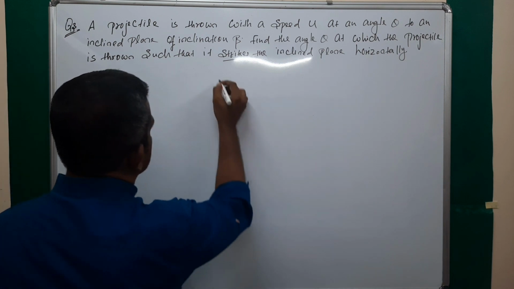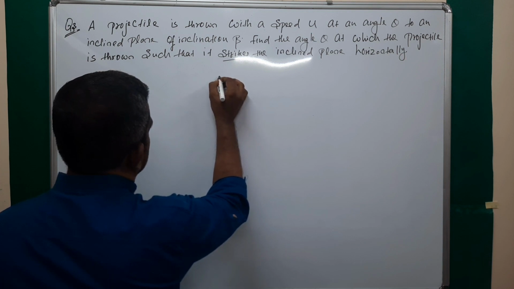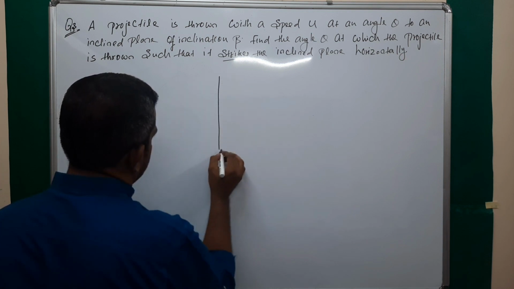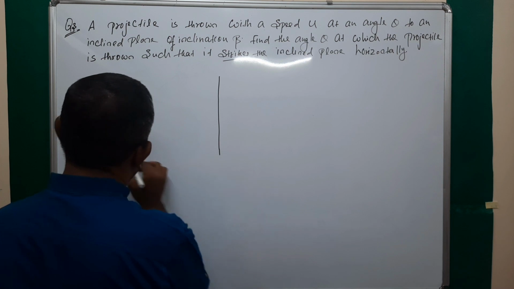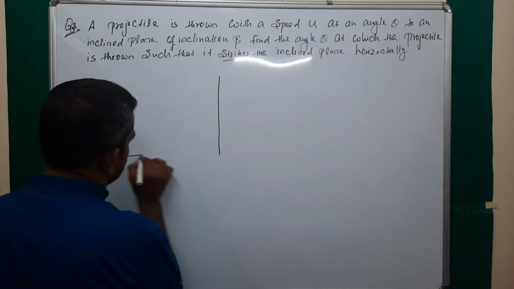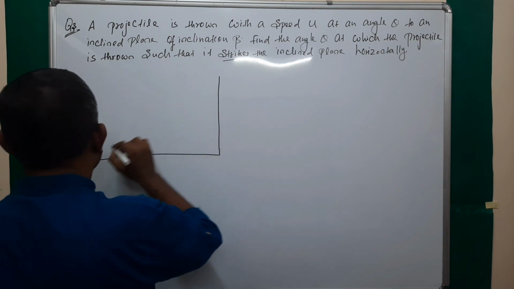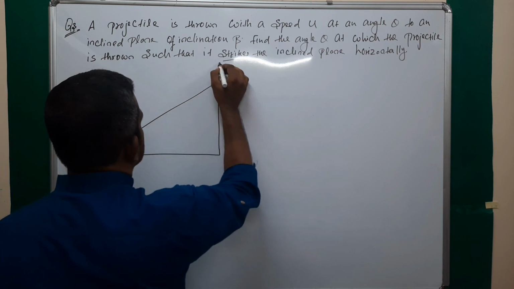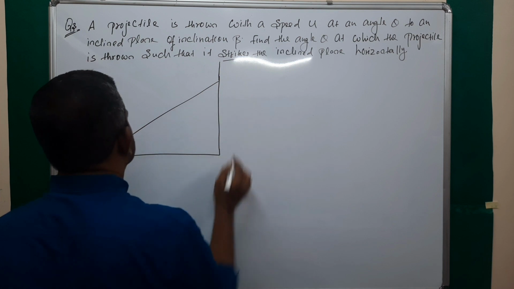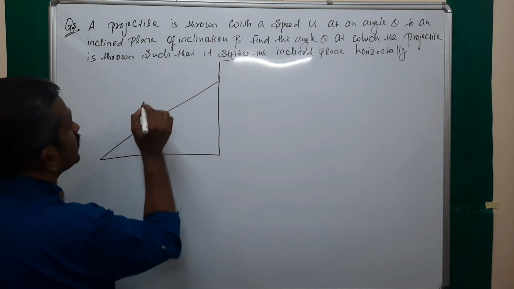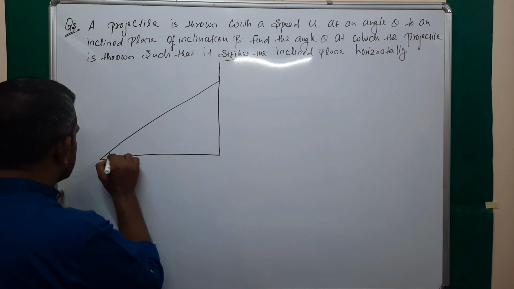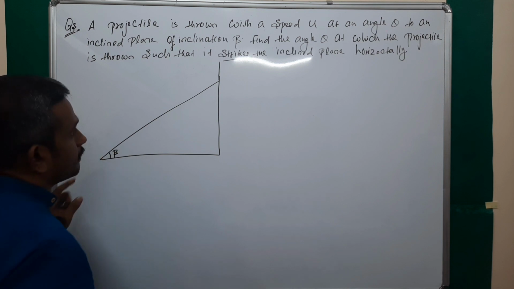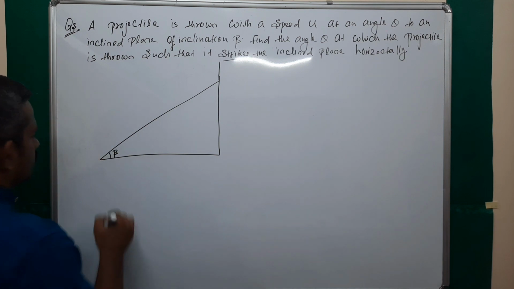So see, it is an inclined plane, and the angle of inclination is given as beta.